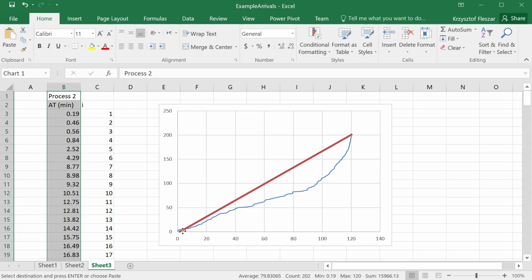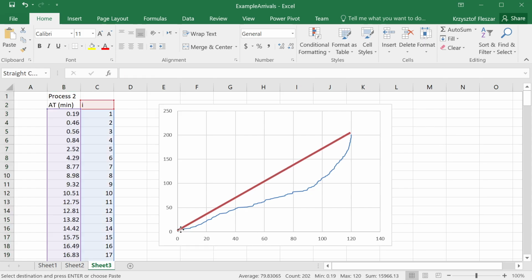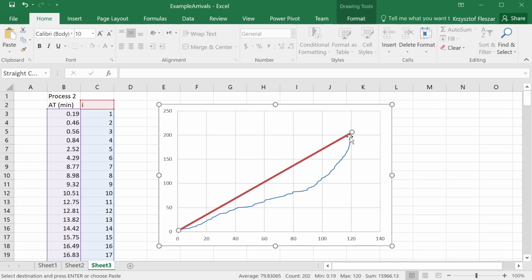In this case, I have the straight line, somewhere like this. But the data, which is the blue line, highly deviates from the straight line. What I see here is that initially the arrival process is much slower, and then it suddenly picks up, especially close to the end of the time period, to the end of the 2 hours, 120 minutes that I'm observing. There is a much higher arrival rate.